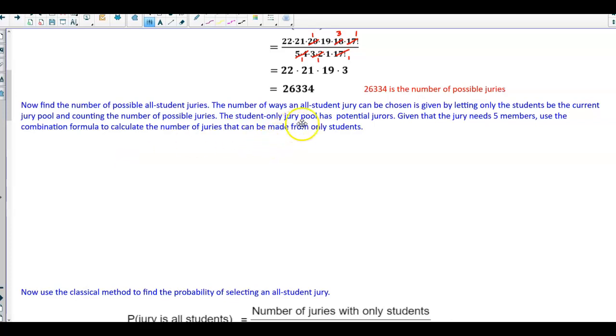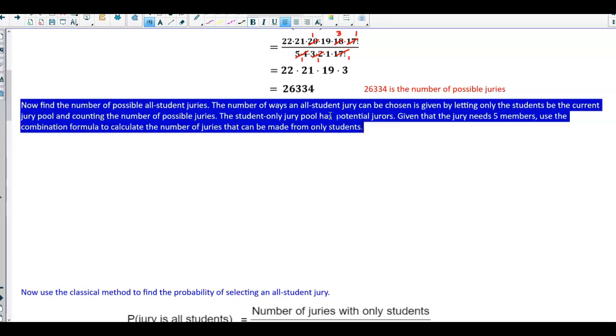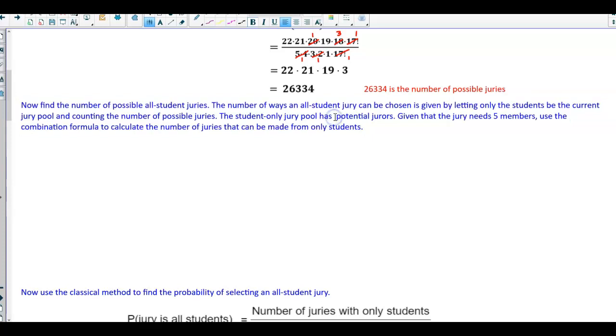Now the student-only jury pool has, in our question, a total of 9 potential jurors. Given that the jury needs 5 members, we're going to use the combination formula to calculate the number of juries that can be made from only 9 students.